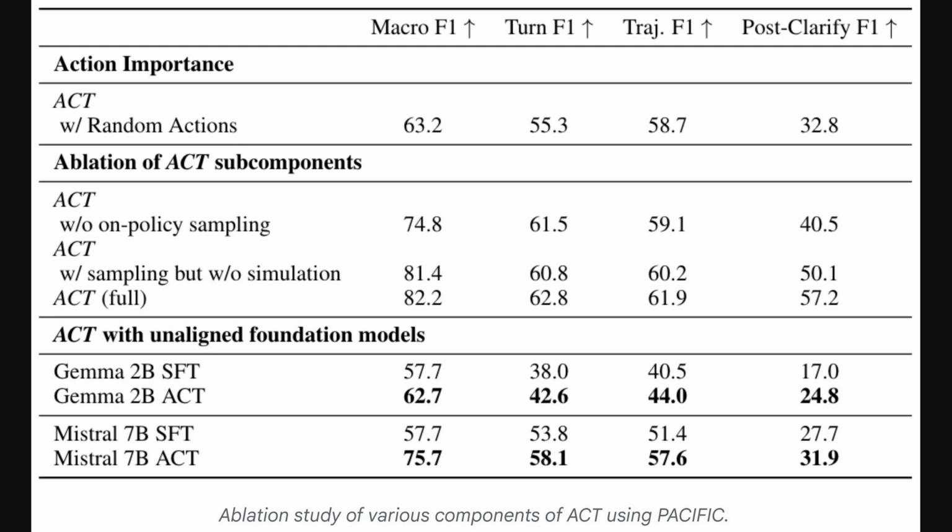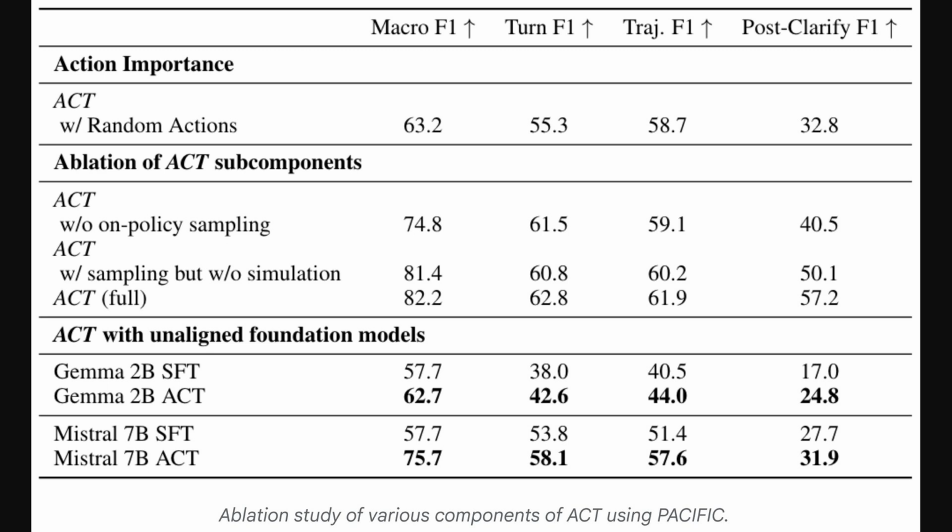The turn F1 evaluates single conversational turns, trajectory F1 looks at the whole conversation, and post-clarify F1 measures success after a clarification. Removing trajectory simulation, which is the ability to play out the conversation to see future consequences, also hurts performance, though not as much as removing on-policy sampling. The full action-based contrastive self-training, with all its parts, clearly performs best.